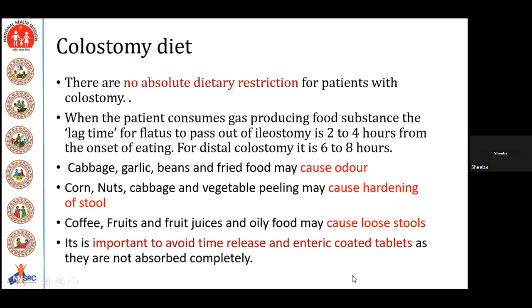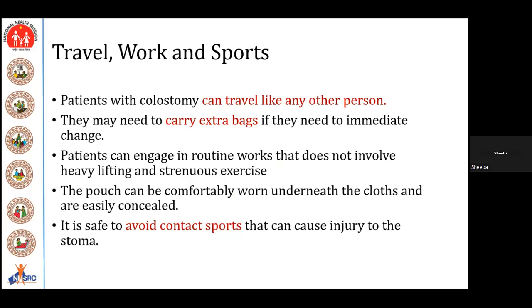The Henry Cotter tablets can also be avoided, because there is no role for them here. Regarding travel, work, and sports, they can travel anywhere, but they have to protect the stoma, because other travelers do not know whether the person has a colostomy or not.